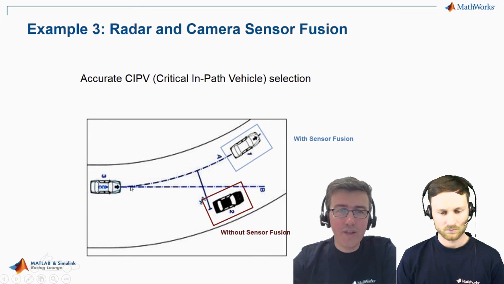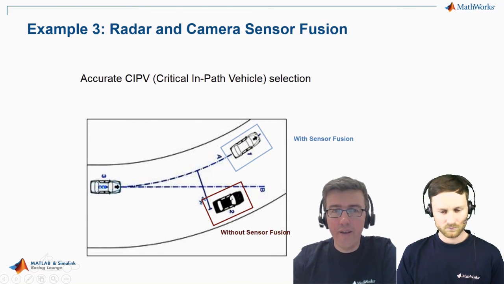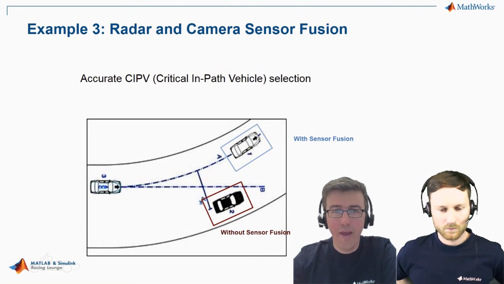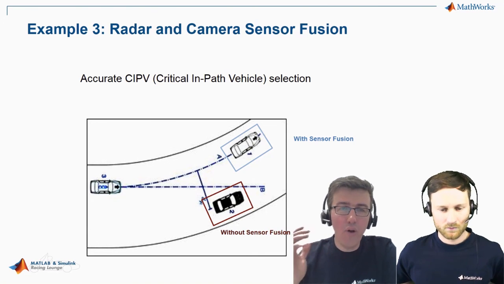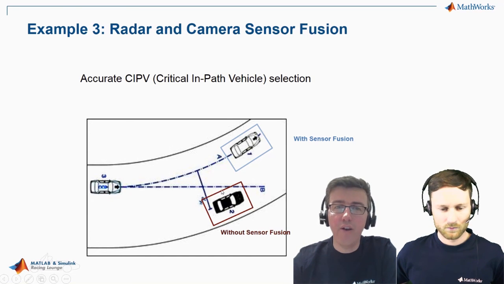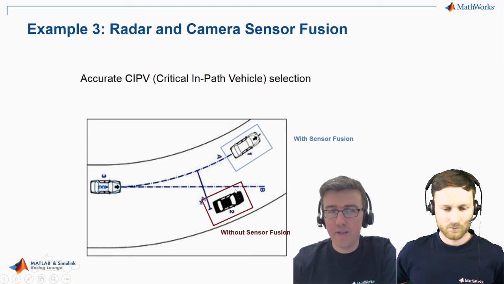In this situation, you see here two vehicles in front of the car. One is the nearest vehicle to the car, and it is also probably the slower vehicle. If we have only the information coming from the radar, it will say, okay, here I have a vehicle in front of me. It is slow.